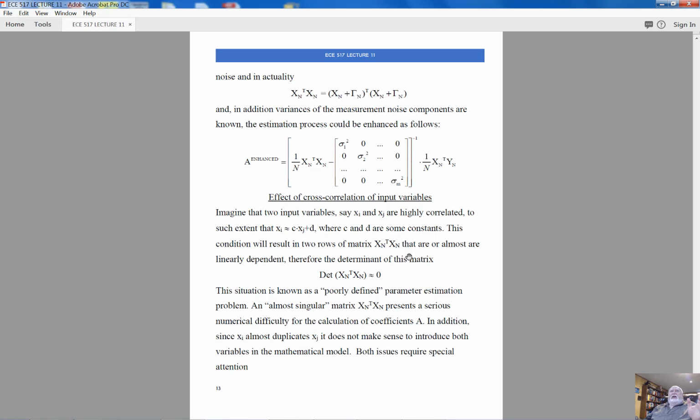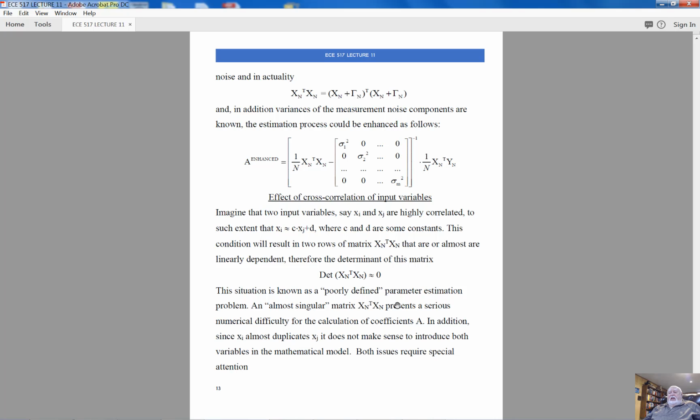Now, when in a matrix we have two columns that are linearly dependent, or two rows that are linearly dependent, you can realize that the matrix will become singular. You cannot invert a matrix like this. Therefore, the cross correlation will result in the determinant of the matrix xn transposed xn to be almost zero.